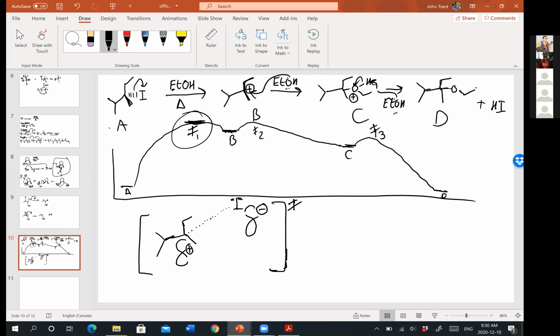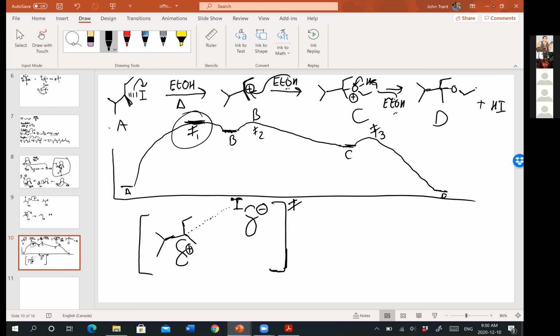At this point, we haven't quite broken the carbon-iodine bond yet. And because we haven't, the transition state still doesn't have an overall charge. Yeah, that makes sense.